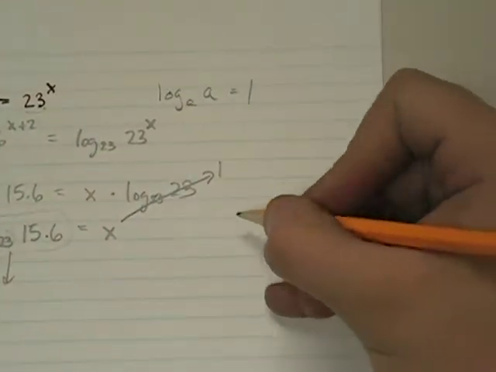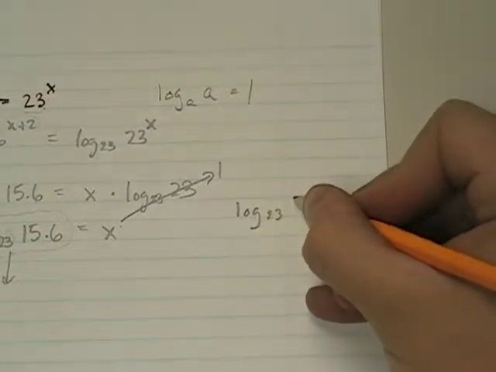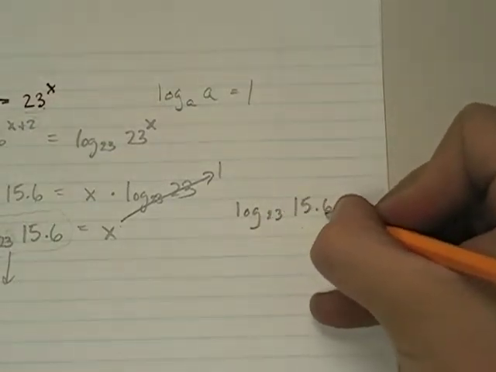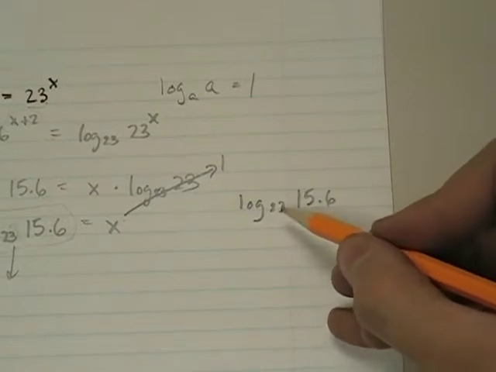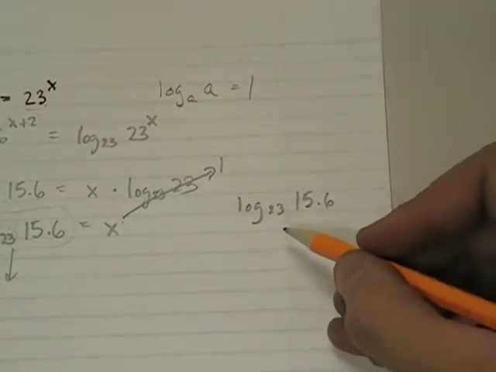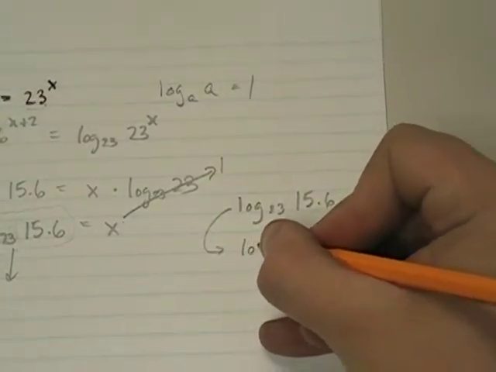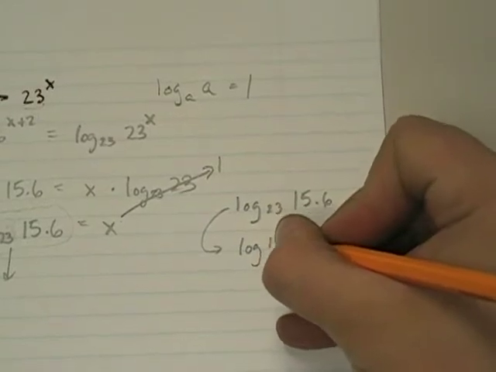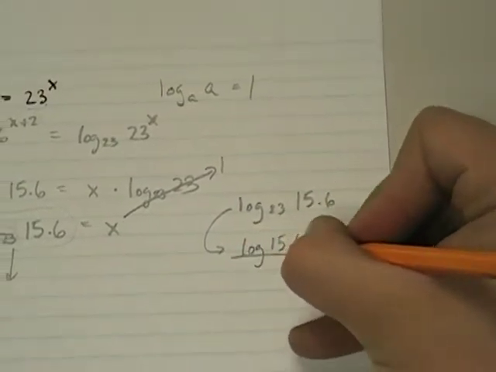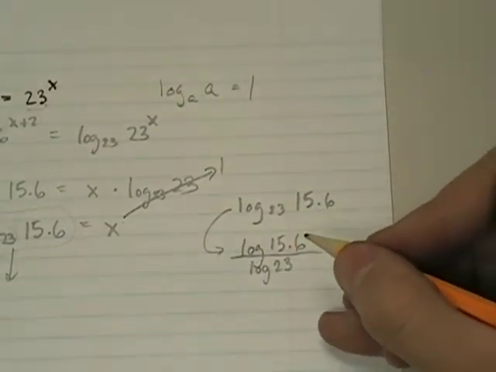So I'm going to come over here and say, what is log 23 of 15.6? Well, I don't have a log 23 key, so I have to use my change of base formula. And I'm going to rewrite this as log of 15.6 divided by log of 23.